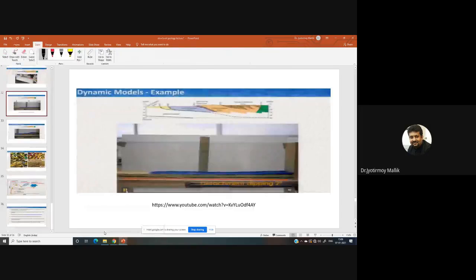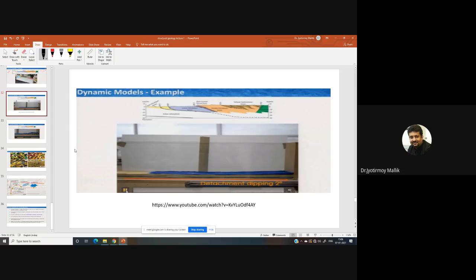Excuse me, sir. Can we do computational modeling also with the model that you have shown us? Absolutely, yes, the answer is absolutely yes, and it is done on a regular basis in our lab.